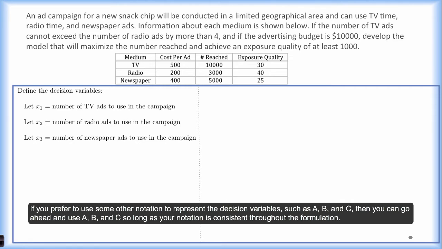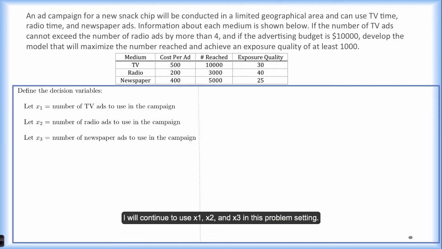If you prefer to use some other notation, such as A, B, and C, then you can go ahead and use A, B, and C, so long as your notation is consistent throughout the formulation. I will continue to use x1, x2, and x3 in this problem setting.